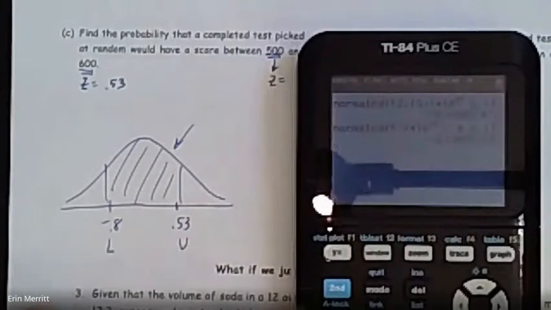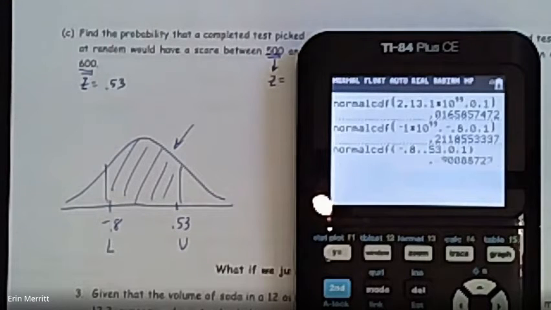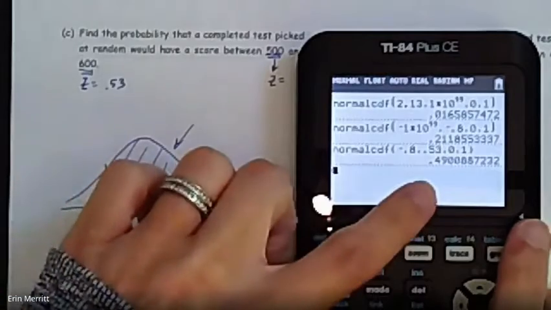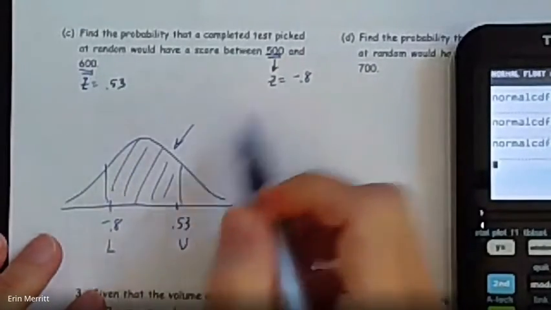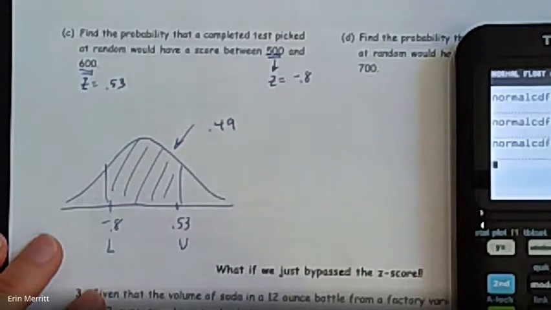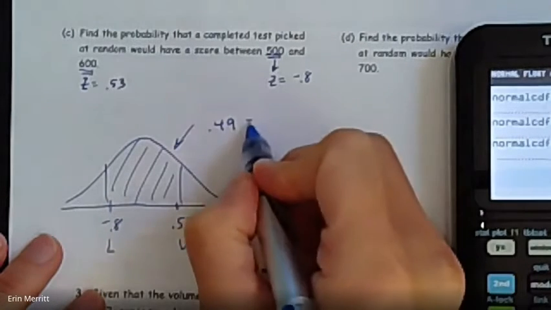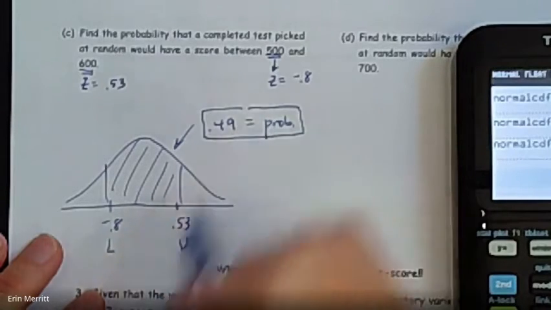And I can do that right here so that you can quickly see it. And then we would go from negative 0.8 to positive 0.53. And you can see that the probability comes out to be about 0.49. So almost 50% of everybody should be in between those two scores. But since it says find the probability, I'm going to leave it as 0.49 because probabilities we want to keep as a value between 0 and 1.